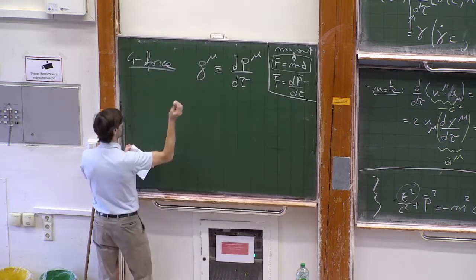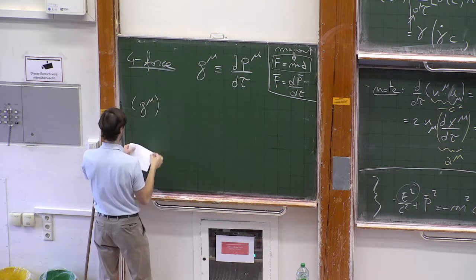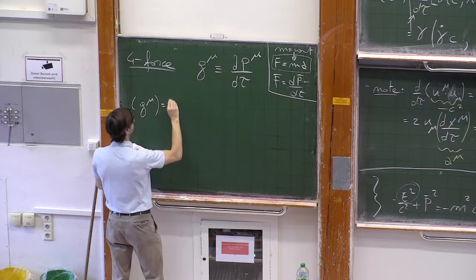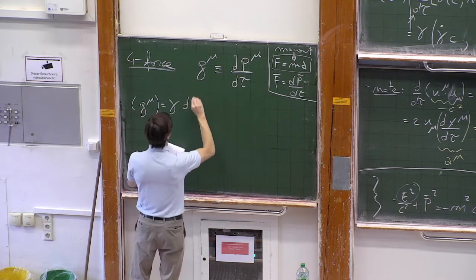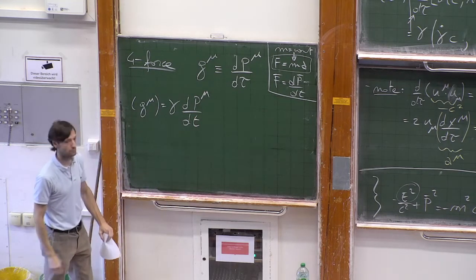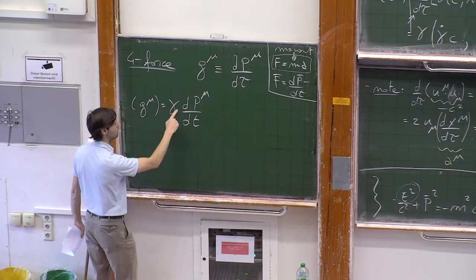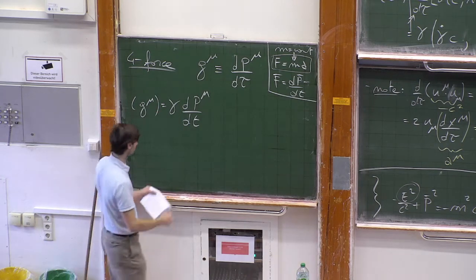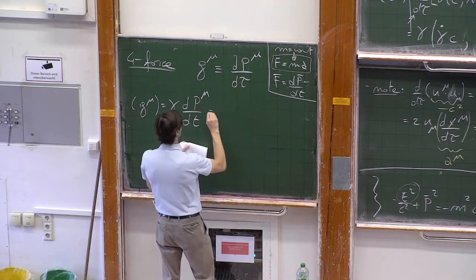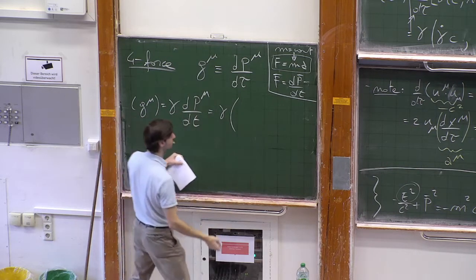And as before, I'm just going to show you the components, G^mu, which are going to be equal to gamma dP^mu over dt. Here I cut it short. I already expressed the d tau as dt over gamma. I just do the derivative. Now I'm not going to do it explicitly.